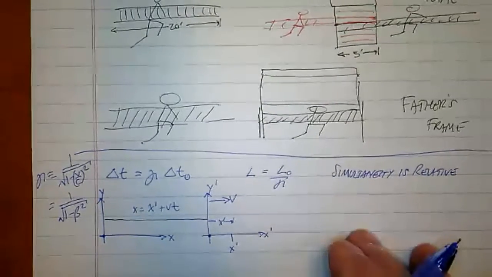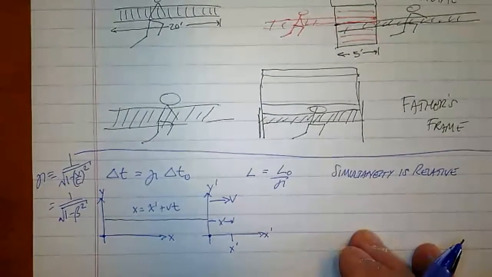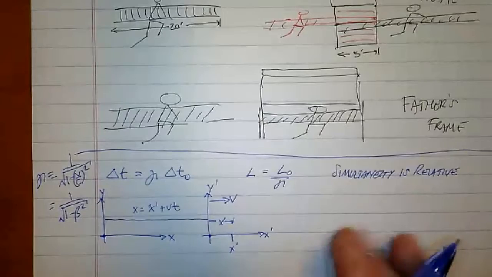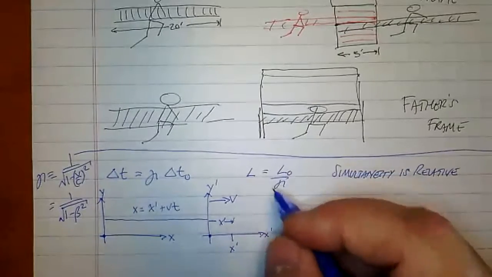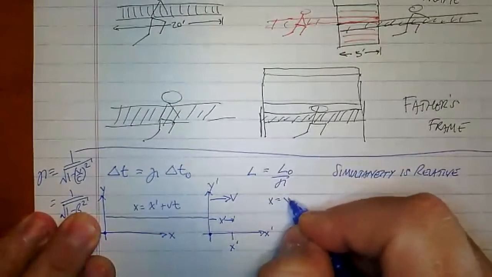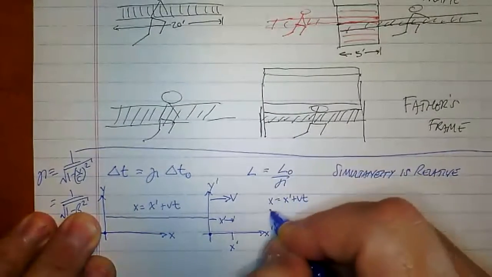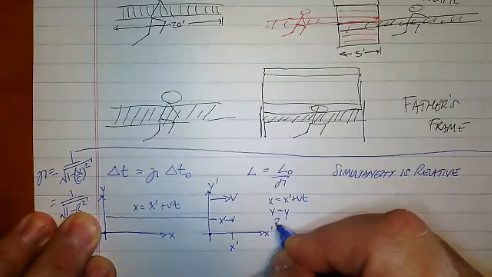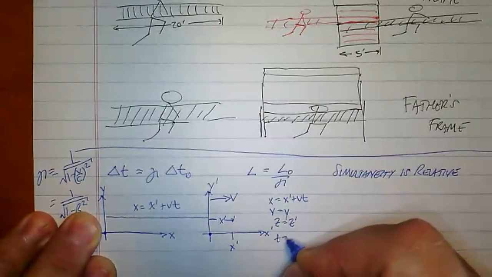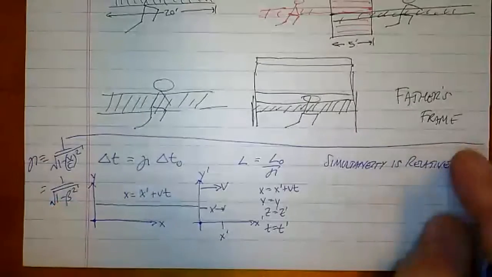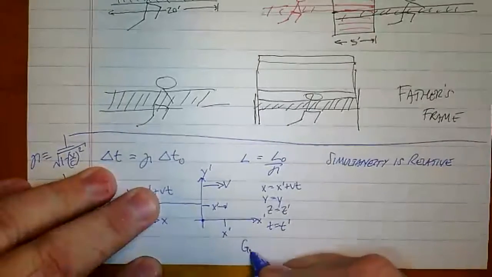Does that make sense? And of course, they're both going to agree. They're going to say x equals x prime plus vt. They're going to say y equals y prime, z equals z prime, and t equals t prime. And that's exactly what Galilean relativity teaches us.